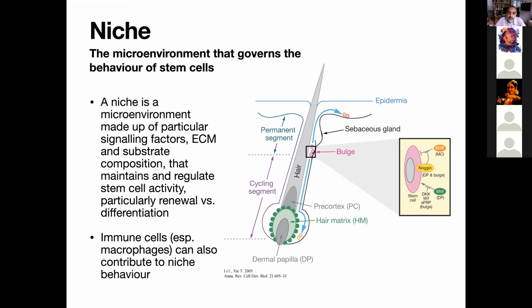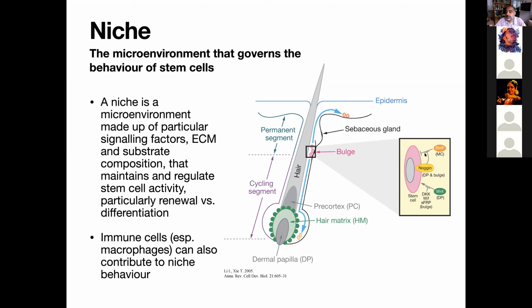They're called bulge stem cells, and they're again maintained by these particular signaling molecules, and in particular, they're regulated by mechanical influence, by metabolic influence, by hormonal influence, as well as these direct signaling molecules to start enabling differentiation.